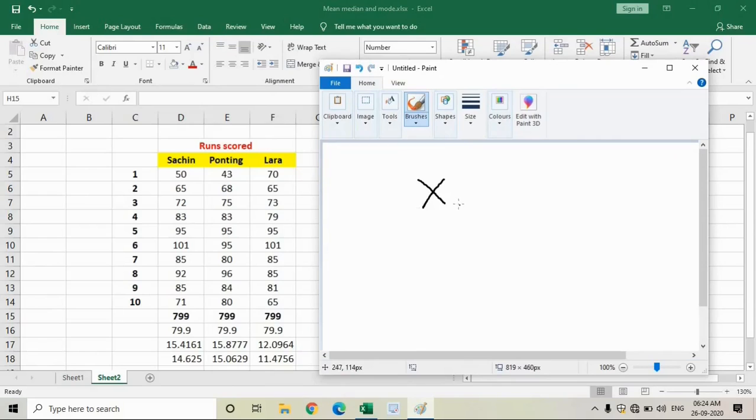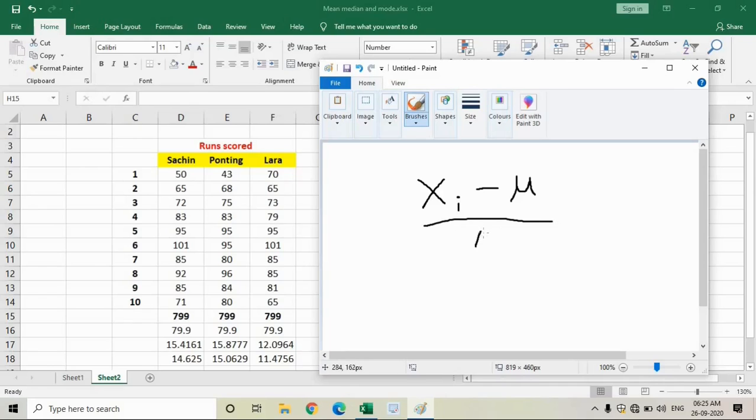Here I am considering the population mean, and mu represents the population mean, xi minus mu. So xi means each item in the series, and standard deviation measures the average deviation of each item from its population mean.